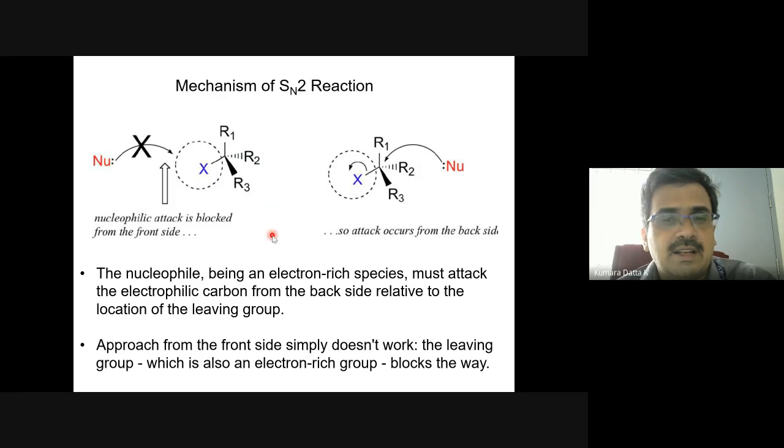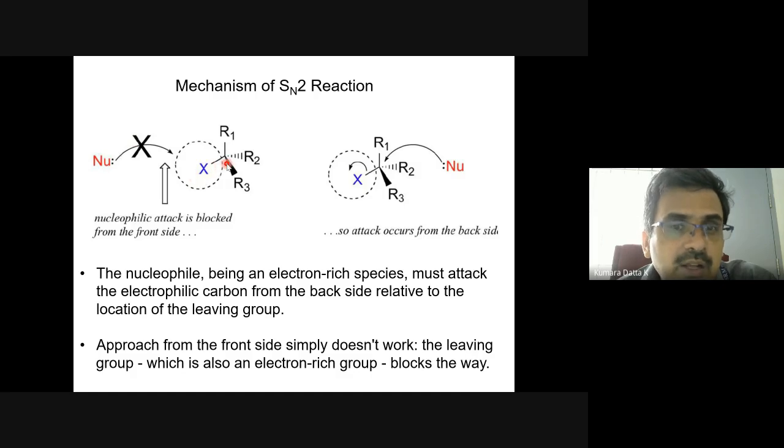Let us see how the mechanism of the SN2 reaction works. Now, you have three groups, and you have a leaving group here, and you have a nucleophile. The nucleophile attacks from the front side.